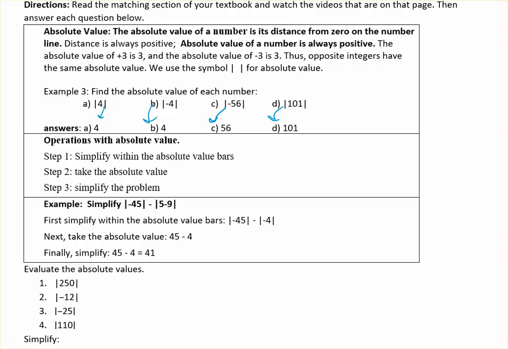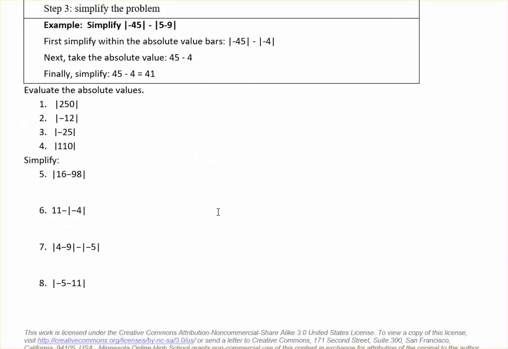If you have a problem with absolute value that you have to simplify, here are the steps. Simplify within the absolute value bars first, then take the absolute value of that part and then simplify. So for example, number 5, 16 minus 98, and these bars here mean the absolute value of that.